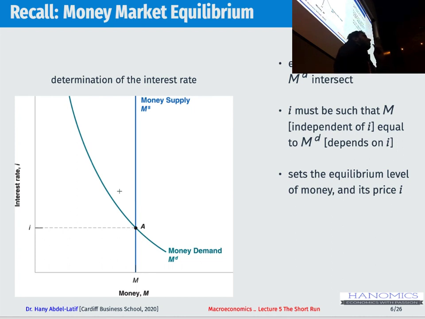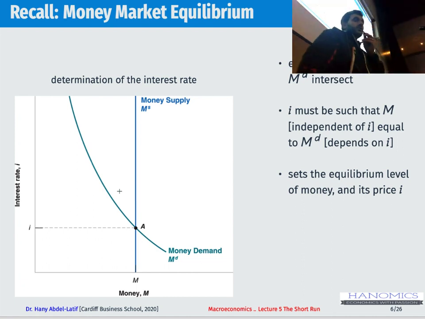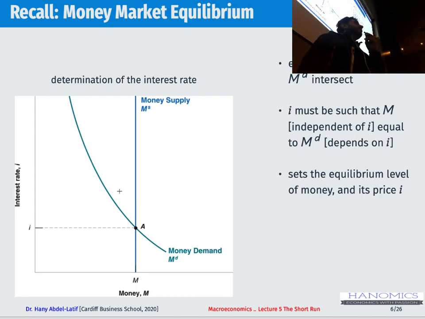And we know that there are two factors, nominal income and the interest rate, that affect demand for money. Remember when we said there are three reasons why we demand money. Transaction demand depends on the level of nominal income, so a higher income level should be associated with higher demand for money because of transactions.